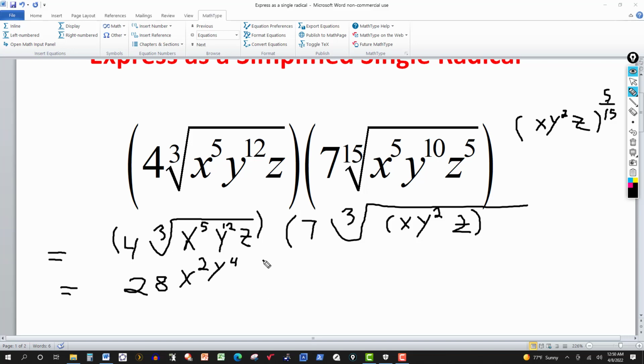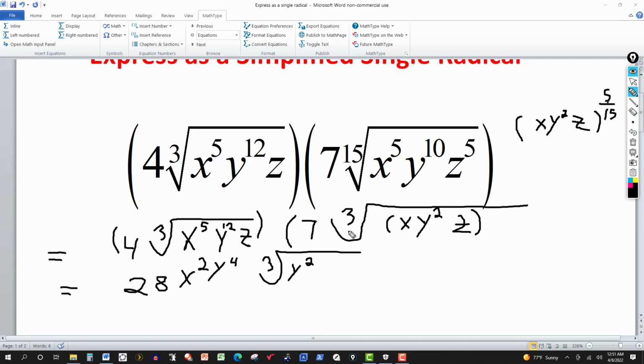So let's do it this way then. The x we already took care of, and the y squared, I didn't do anything with it because we simplified the y to the 12th over here.